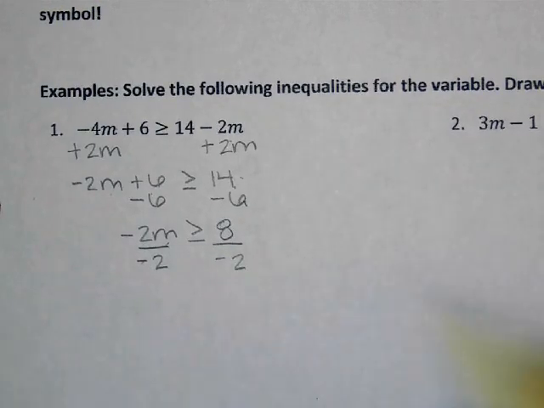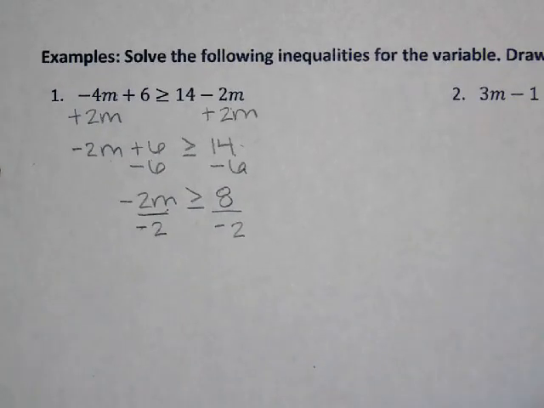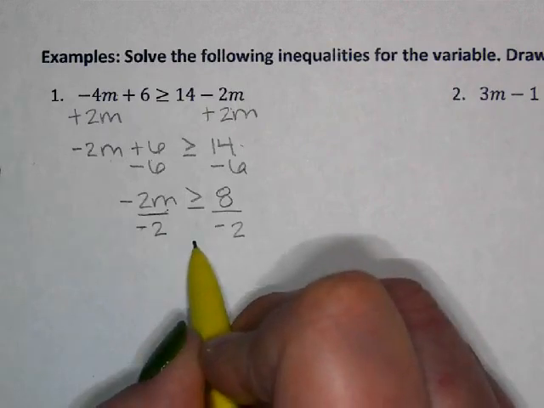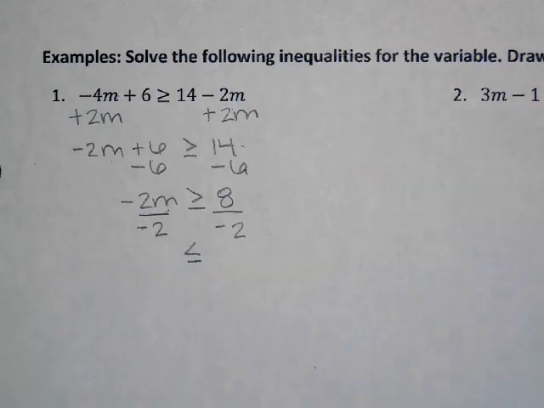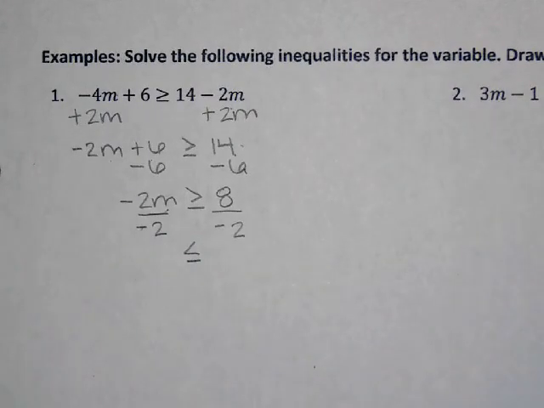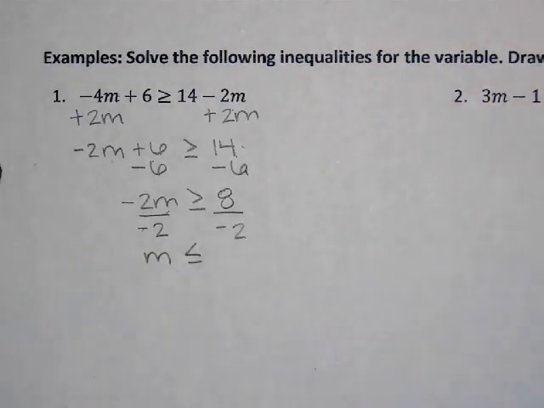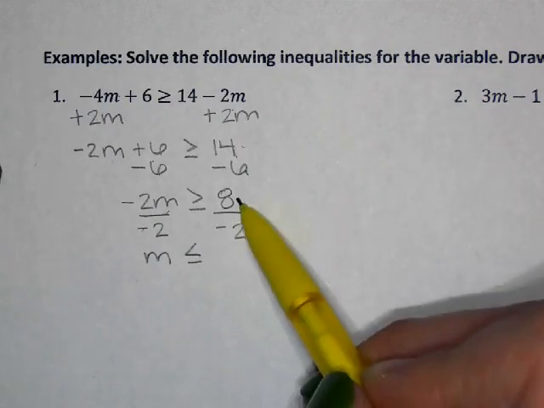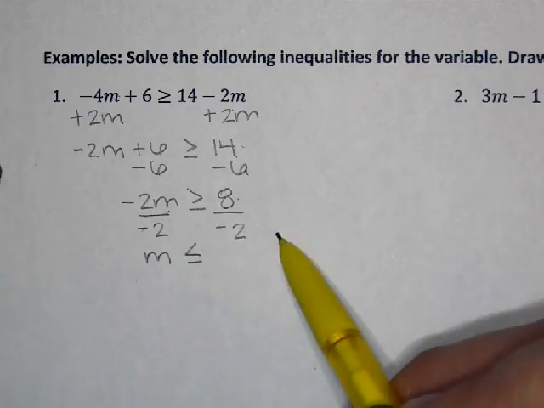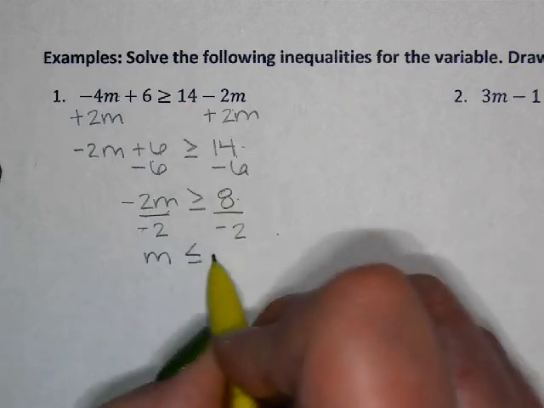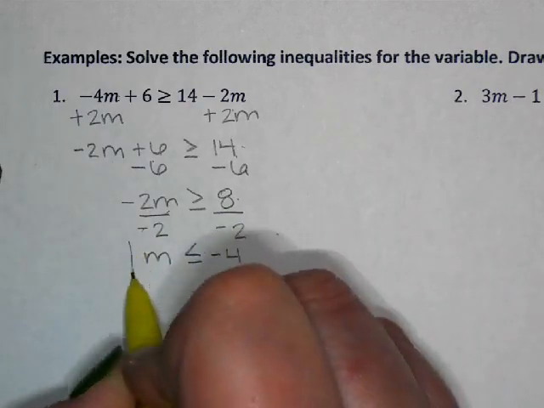And since I divided by a negative, I have to take this inequality symbol and flip it the opposite direction. So the m is over here. Positive 8 divided by negative 2 is negative 4, good. And that is my answer.